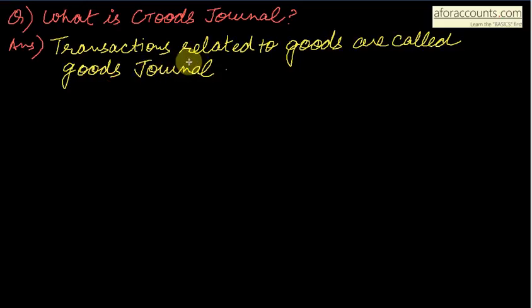See, now what do you mean by transactions related to goods? What all transactions can you have related to goods? It can be purchase transactions. It can be purchase return.